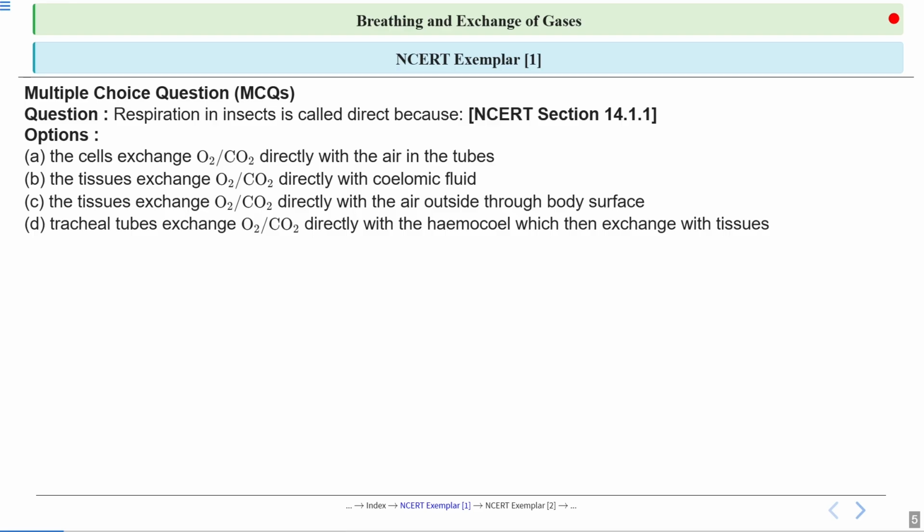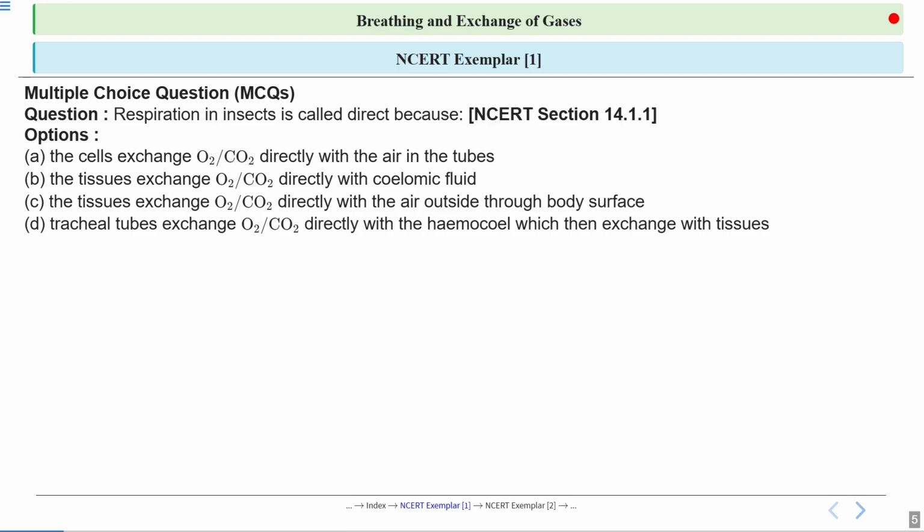A, the cells exchange O2, CO2 directly with the air in the tubes. B, the tissue exchange O2, CO2 directly with the coelomic fluid. C, the tissue exchange O2, CO2 directly with the air outside through the body surface.